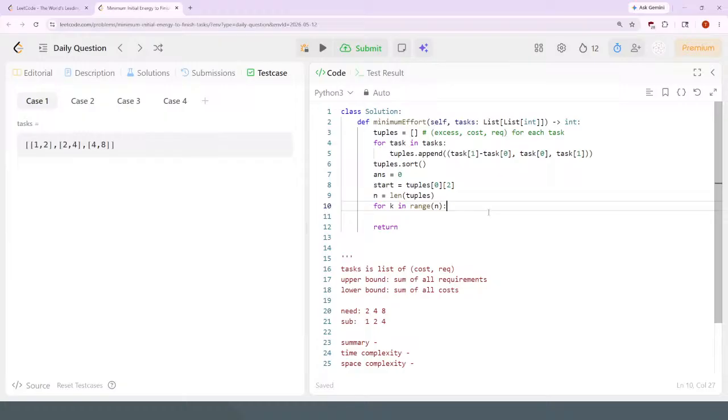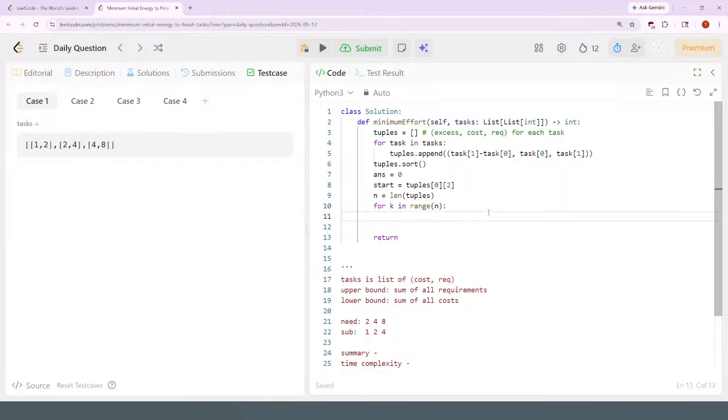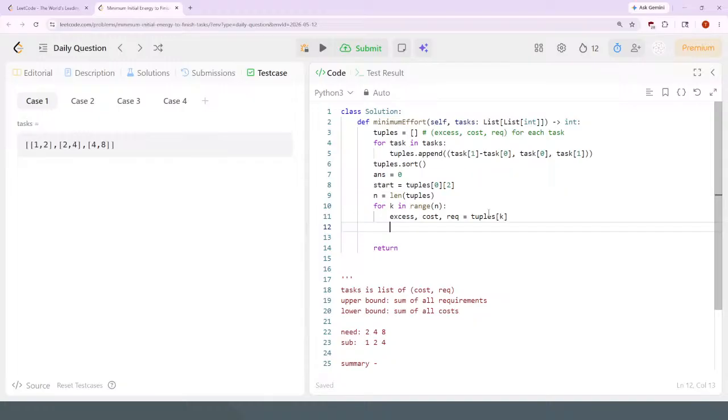Just do an index here. Let's say excess, cost and the requirement equals tuples at k. And then I guess I'll say current energy is this.